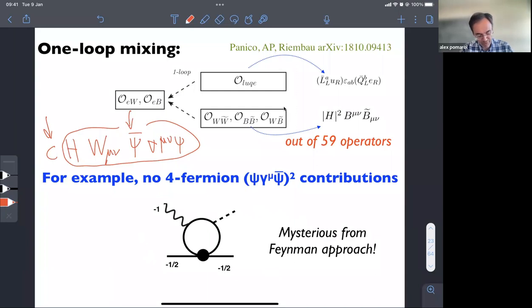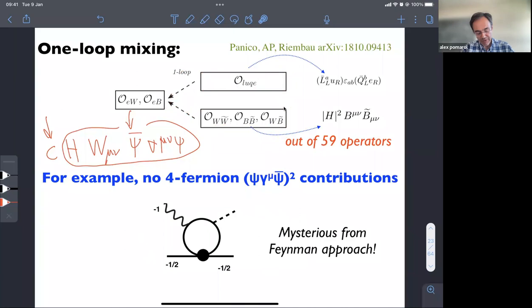So I would like to see how the other operators behave. Probably I hope to have the same notation that you are using in the lectures, but if not, it doesn't matter here. The point is to show that there is a possibility that many of the 59 operators can mix at the one-loop level, but in the end only two types, these ones and these ones, can mix at the one-loop level with this one. So there are many zeros.